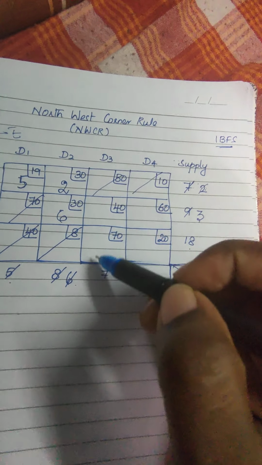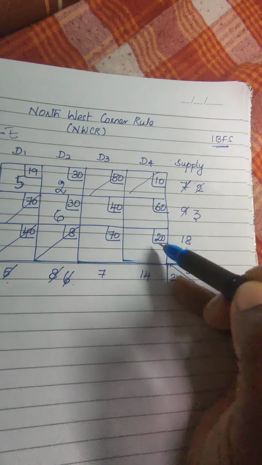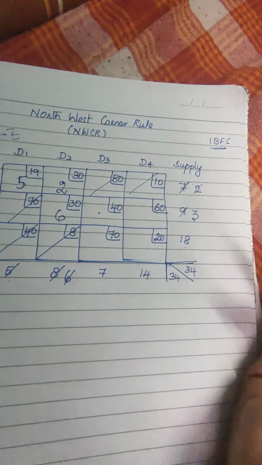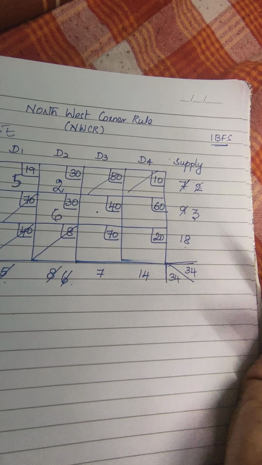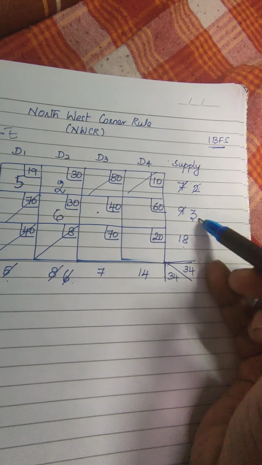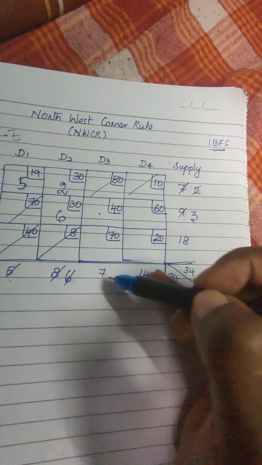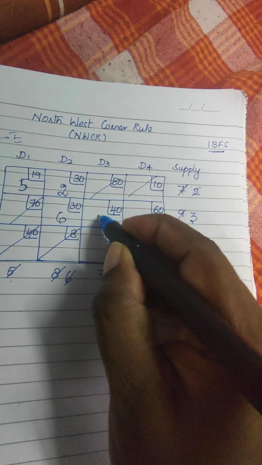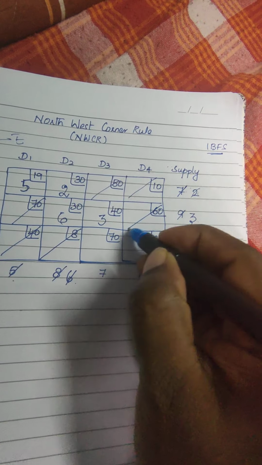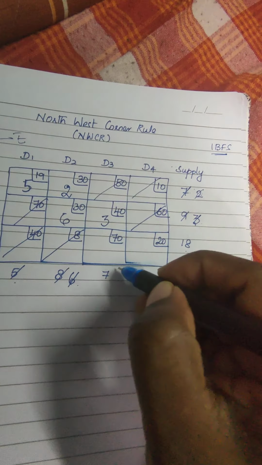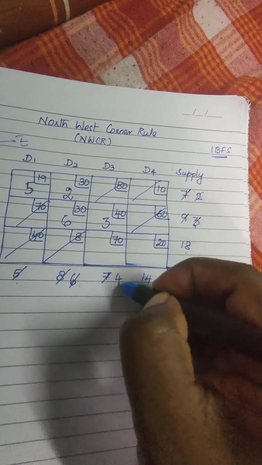The remaining 4 boxes are left. The northwest corner box is this one. Here the supply is 3, the demand is 7. 3 is less, I allocate that. This is over. Here the remaining is 4.